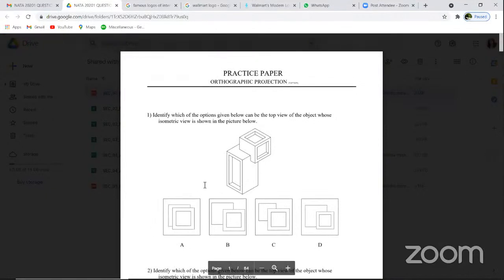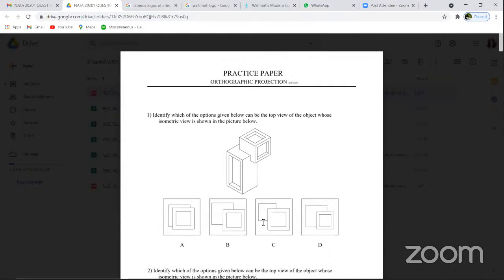Because we know this length is far more than this. This is a bit too much of length. This one also has a similar problem, and the cube that they've shown is way too small. Here, this cuboid is way too small, and this is way too big. So B option is correct.